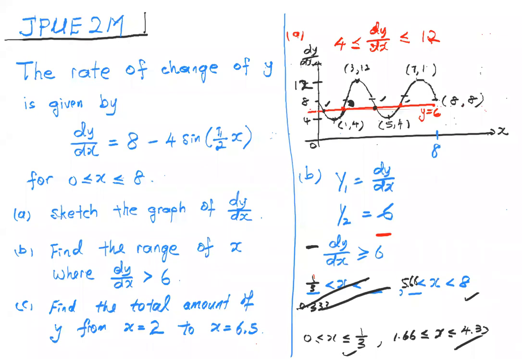Yeah, 1, 2, 3, there are 3 ranges. One, two, three. Yeah. No. 4 points are 3 ranges. This part, and this part.